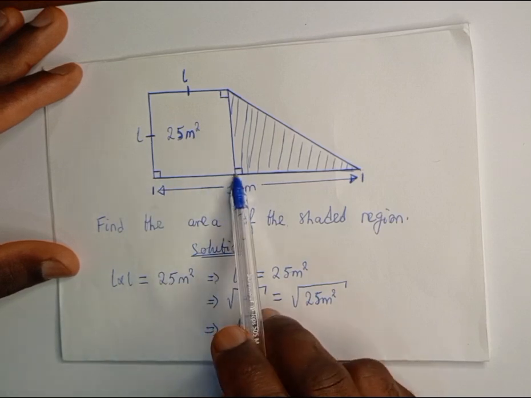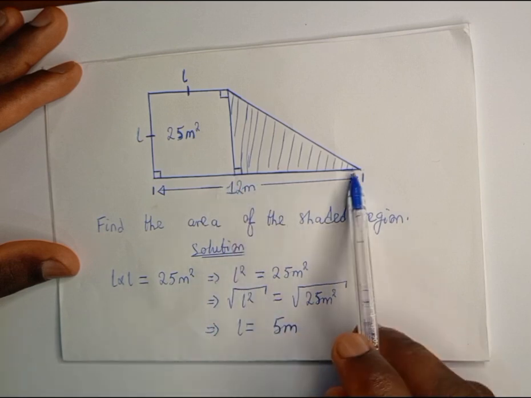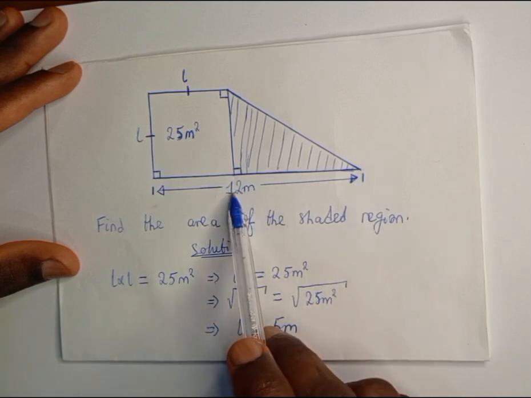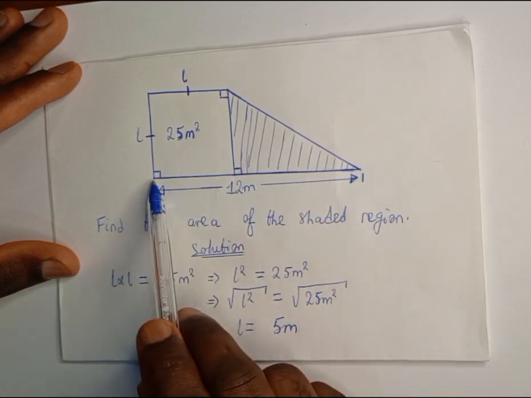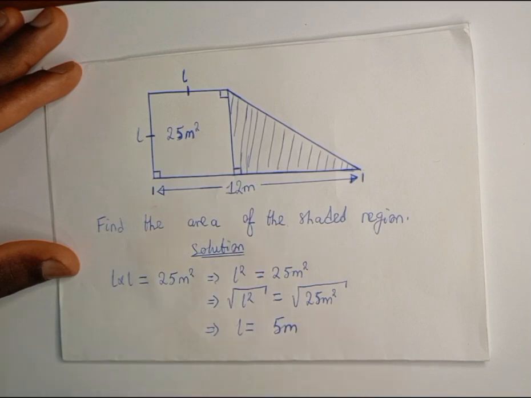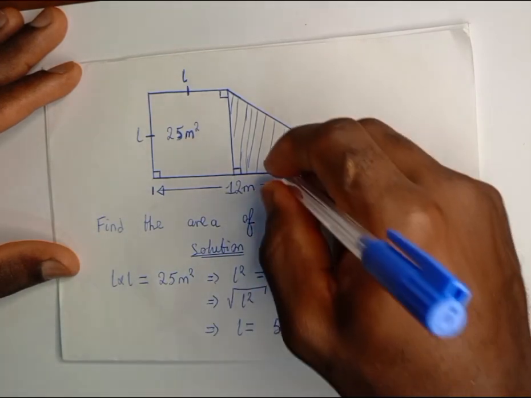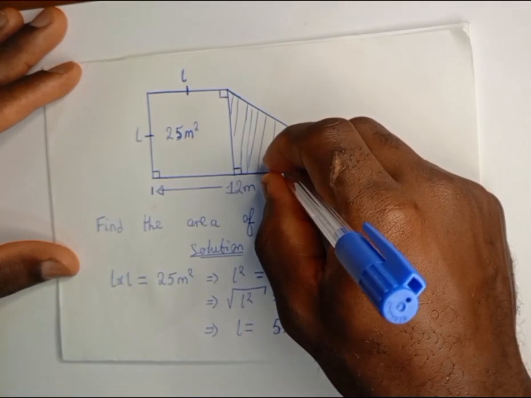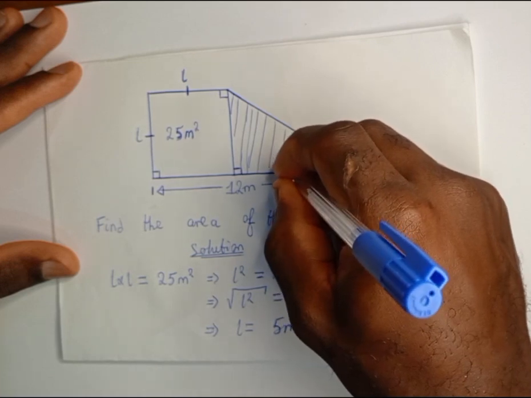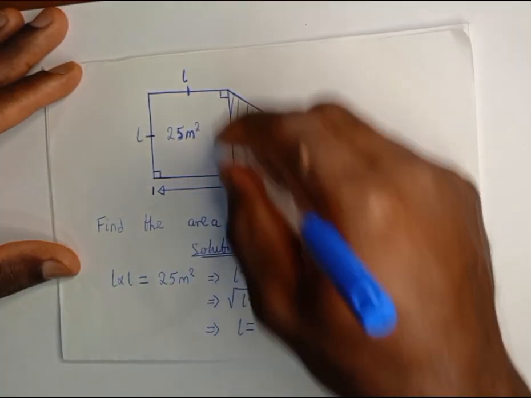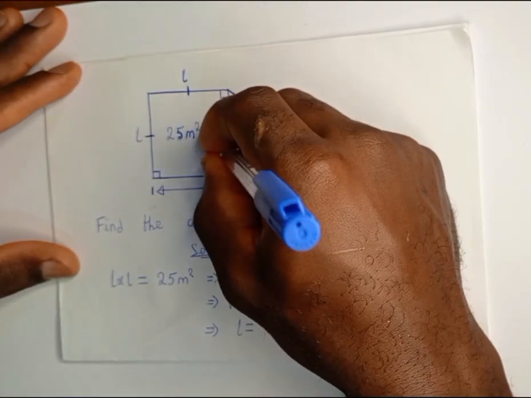From here to here is 5 meters, so we can calculate this distance from here to here. It will simply be 12 meters minus 5 meters, which gives us 7 meters. From here to here, it is 5 meters.